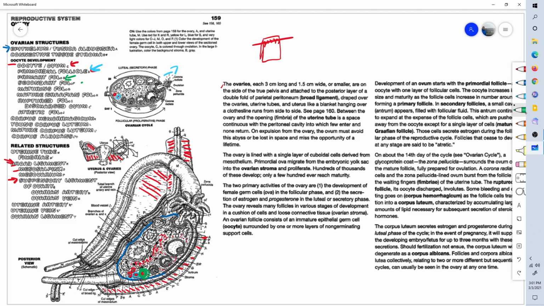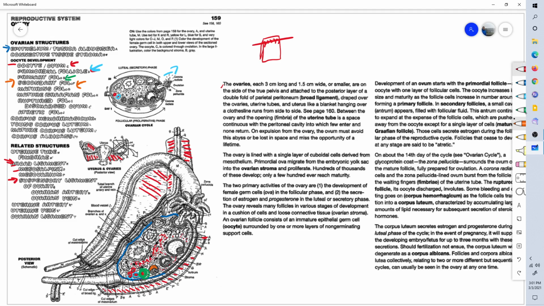During this next stage, the ovum becomes a secondary follicle. When that happens, a gap starts to form, a little hole right here, during the secondary follicle phase.